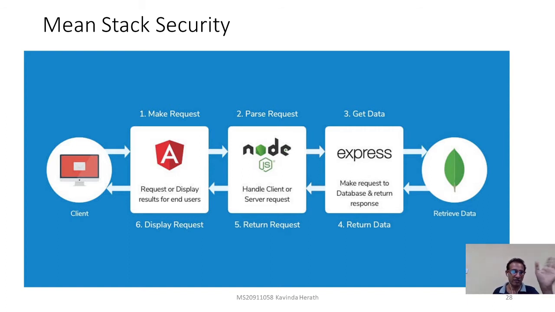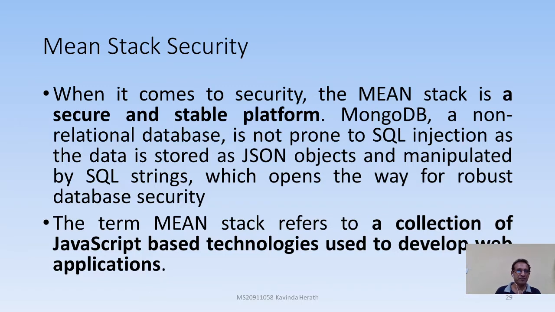Before that, they deal directly with retrieving the data. The different stack segments are divided to protect the data from a security point of view. So when it comes to security, the MEAN stack is a secure and stable platform.